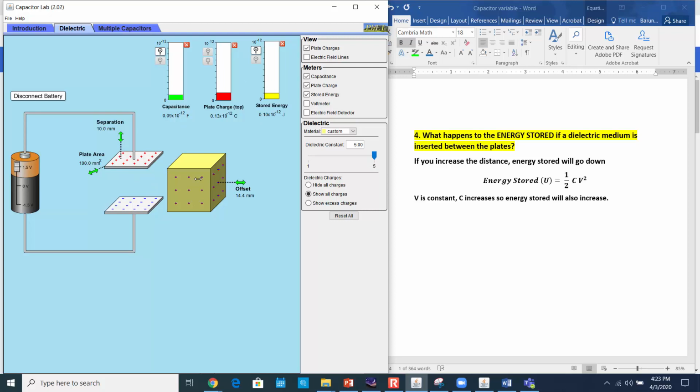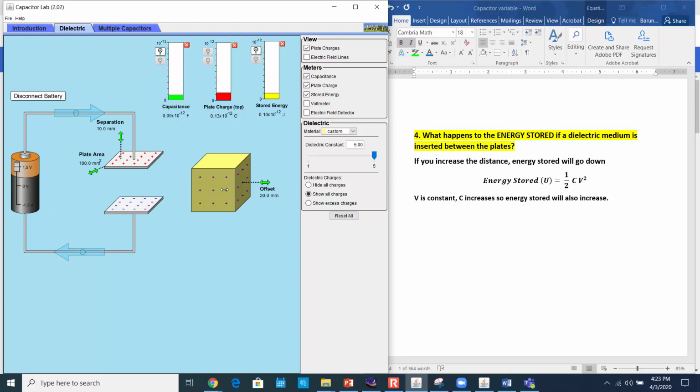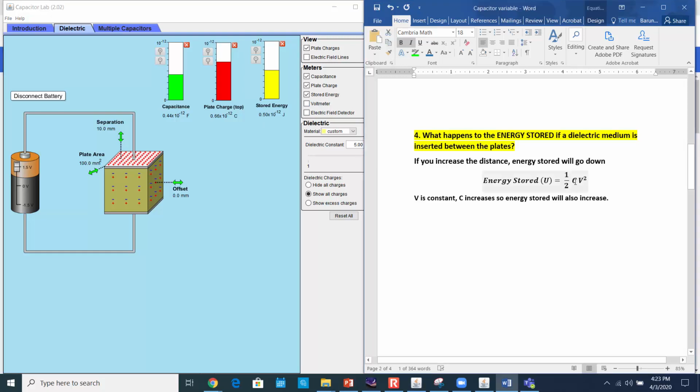Once I insert the medium, the amount of energy stored increases. Again, it's 0.10 times 10 to the negative 12. When the dielectric is fully inserted, the energy stored goes up by 5 times. How do we explain this one? Let's take a look. The energy stored in a capacitor is half CV squared.